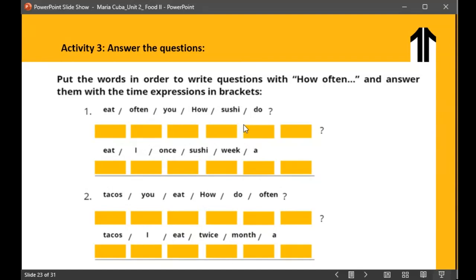Any volunteer, you can raise your hand so you can activate your microphone and type. Yes, Aaron. Tell us, Aaron. We cannot hear you, Aaron.